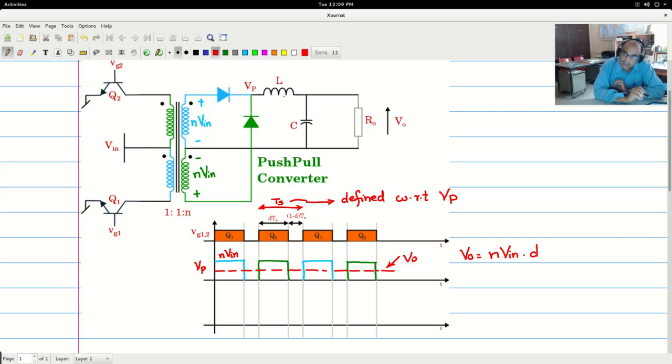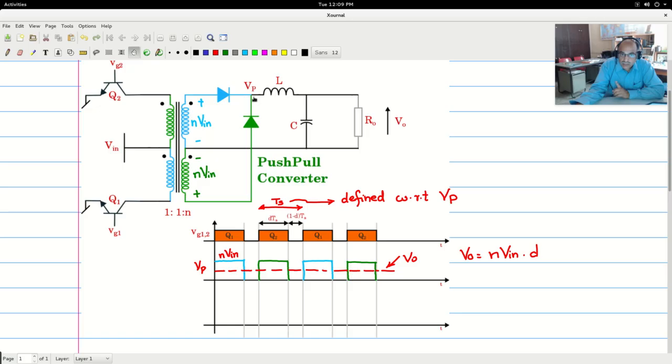This is a very key point which you have to note in all the three topologies, which is the push-pull converter, the half-bridge converter and the full-bridge converter, where in all these three converters the output side or the secondary side is exactly like this, exactly similar. Only the primary side will change in the half-bridge and the full-bridge converters.